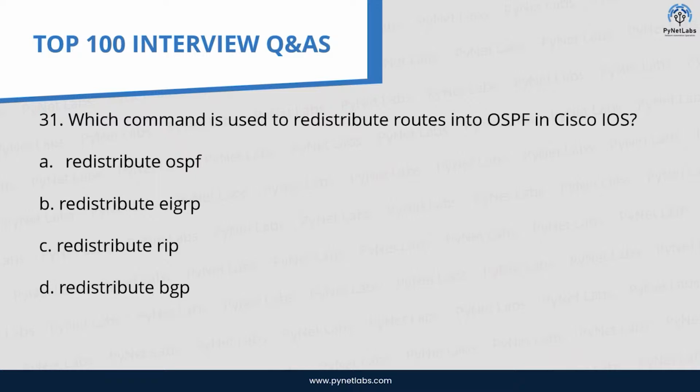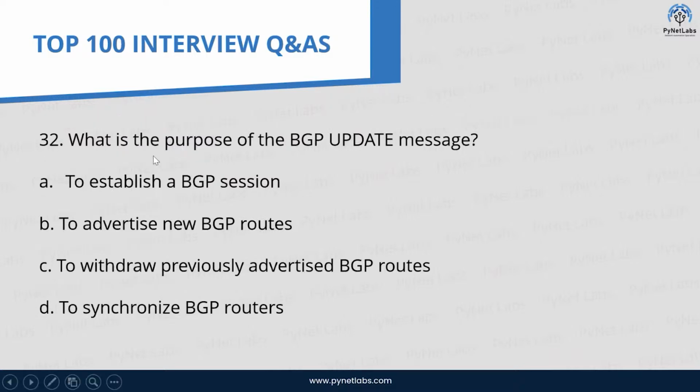So how are you going to redistribute the routes of OSPF in that case? In such a scenario, we use the command redistribute EIGRP, because we are redistributing the routes of OSPF into EIGRP. That's the correct answer, option B, redistribute EIGRP.